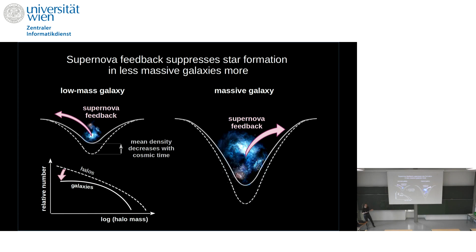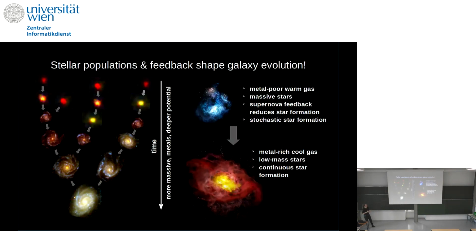So with this in mind, let's go back to the fact that galaxy evolution is actually a hierarchical process. You're not only having a single galaxy evolving on its own, but it will also merge with other galaxies.